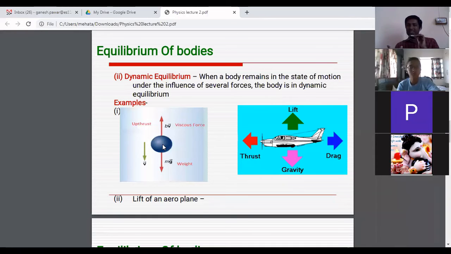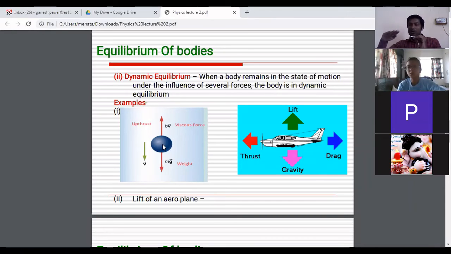Another example, the best example, is skydiving. In skydiving, what happens when that person jumps from a plane? Initially, that person comes downward with a large acceleration, because initially the weight of that person is more compared to the upthrust and the viscous force.